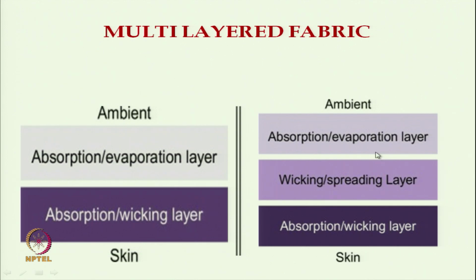If it does not, suppose it is absorbing but spreading does not take place, then what will happen? The evaporation will take place within that small area and that will take time. But if we can spread the liquid over a larger area, then the evaporation will be faster.